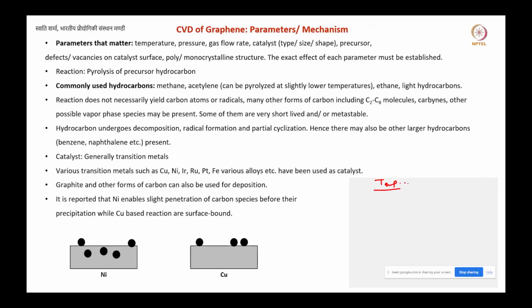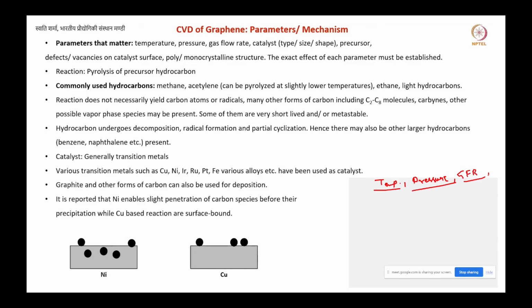The second is your pressure. The same thing: at different pressure, your material behavior changes. That's why you have to keep optimizing and controlling your pressure. Gas flow rate. So what is gas flow rate? Basically, when you do a process like CVD, there would be gas inside.